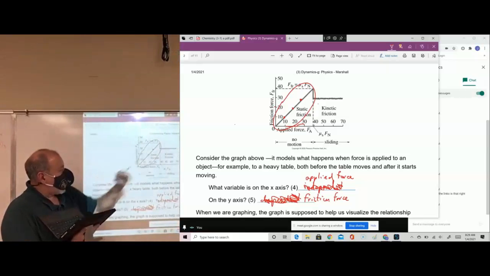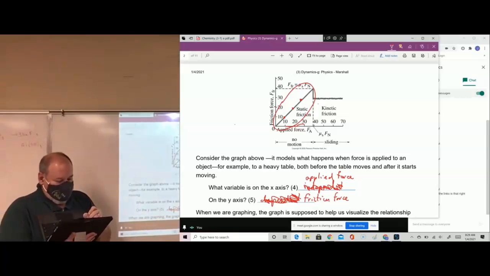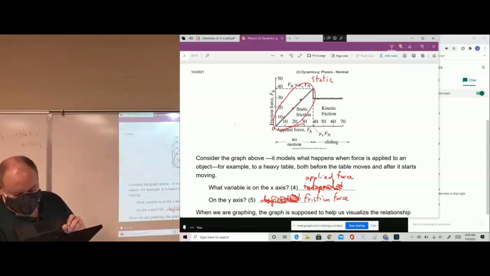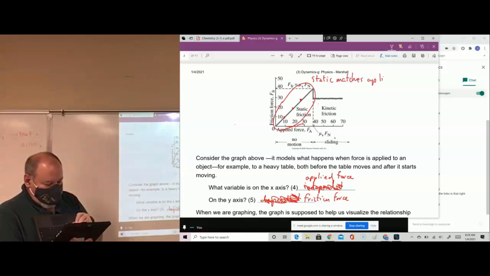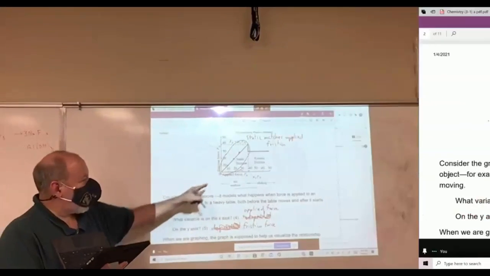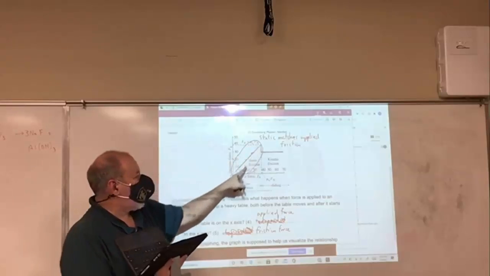So this is the part that says, and we're going to say, static, oops, sorry. We should say that the other way around, shouldn't we? We should say that static matches the applied friction. That's what's happening here, right? That's the relationship this is showing.